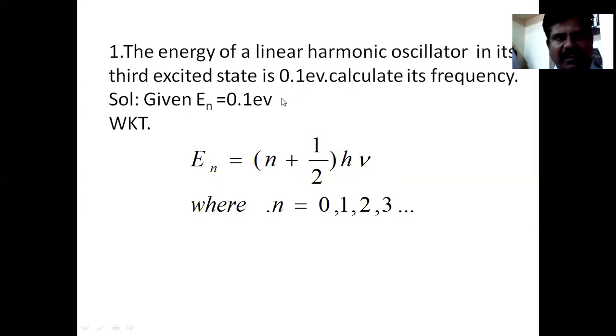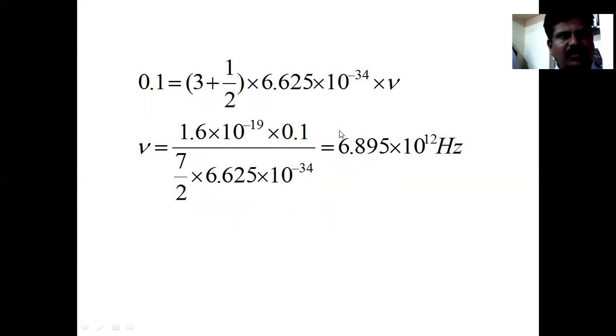That means E of 3 equals 0.1 electron volt. Then what is the frequency of that oscillator? The formula is E of n equals n plus half into h nu. Here n carries 0, 1, 2, 3, and so on, but in this case n equals 3 for the third excited state, and E is 0.1 electron volt. So we substitute.